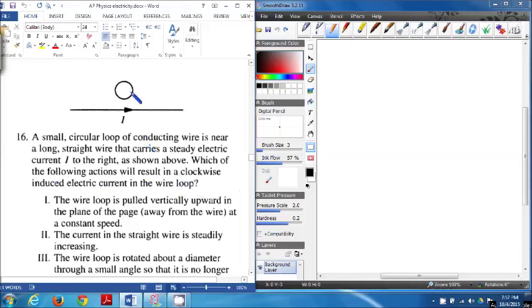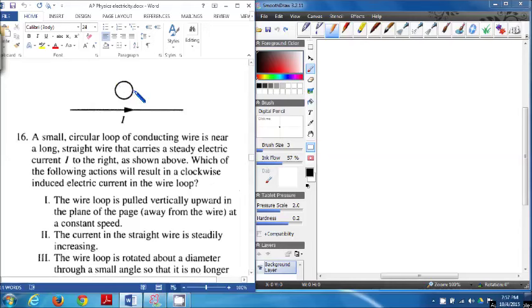So the induced current opposes the change in magnetic flux. That means the clockwise current here will induce a magnetic field into the plane of the loop.